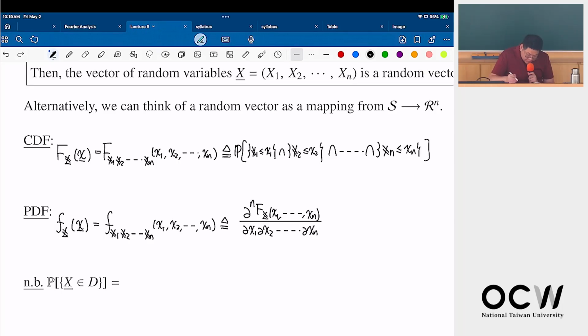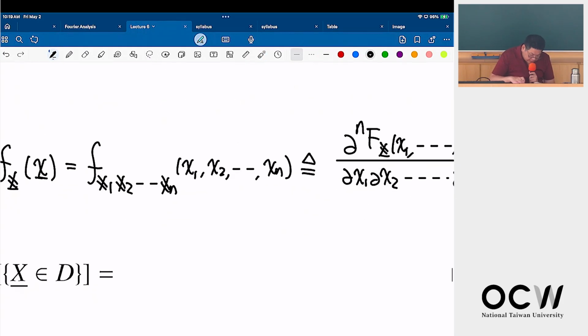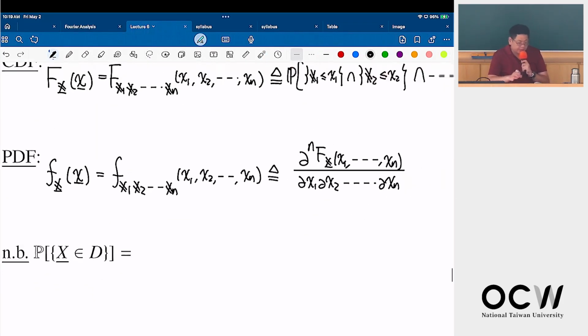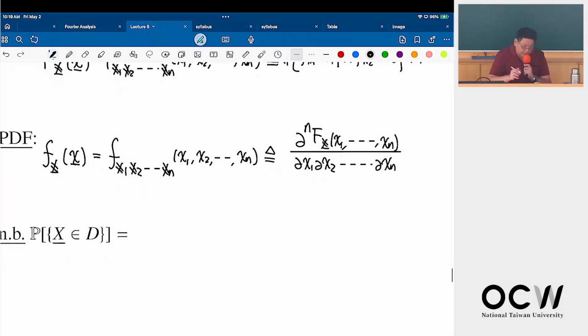And here is a note for the probability. Your random vector in the region D, since it is a probability and we have a PDF, is the integration over this region D of our joint PDF.